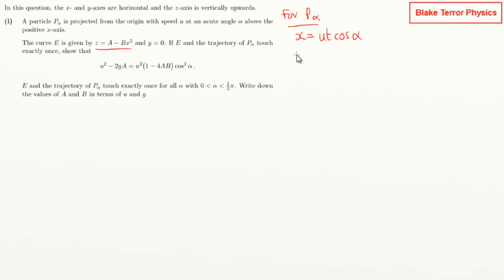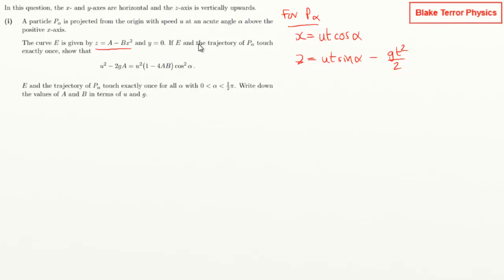And not y, it's z now, z is going upwards. So that's going to be u times t times sine alpha minus gt squared over 2. That's just our standard projectile stuff. We aren't going to be able to eliminate x just by using these, are we?